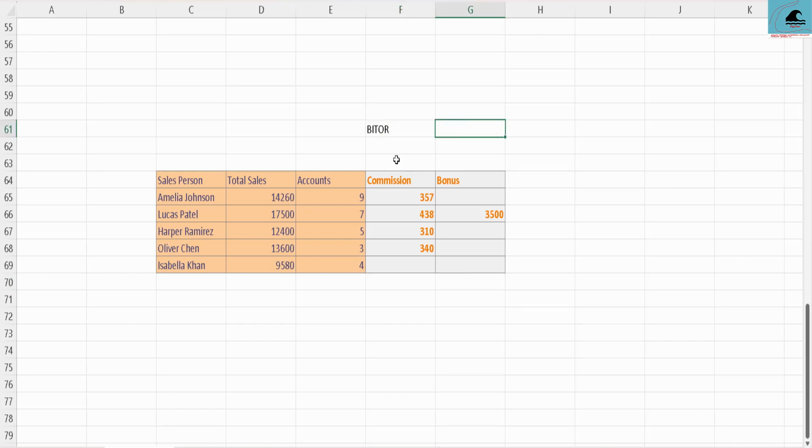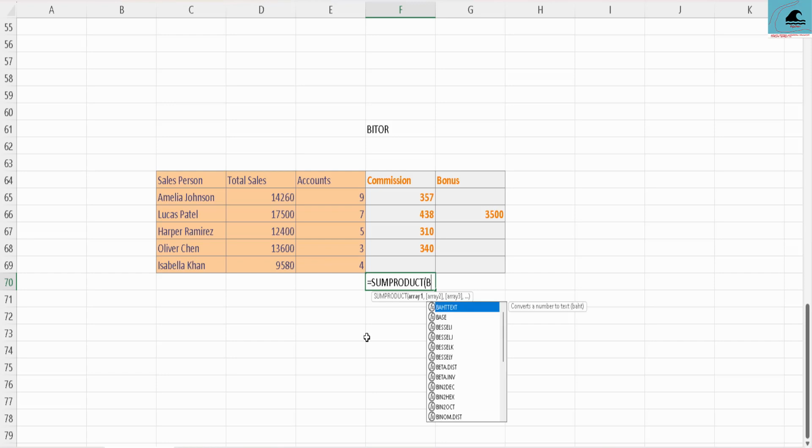BITOR is an additional feature of the OR function that they have introduced. See how it works and then you will understand why BITOR is required there. The calculation will be like this: SUMPRODUCT, and within that SUMPRODUCT you introduce this BITOR function.